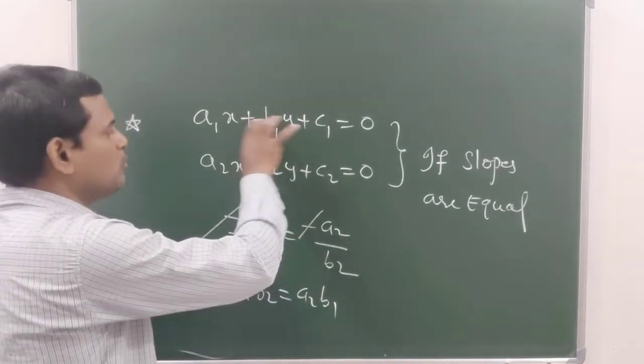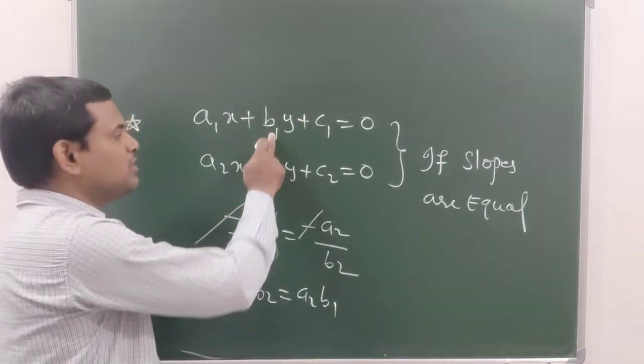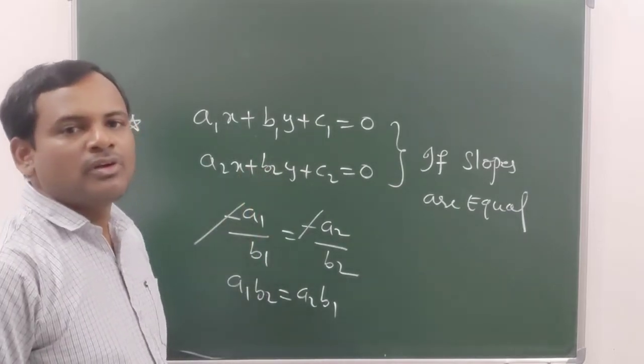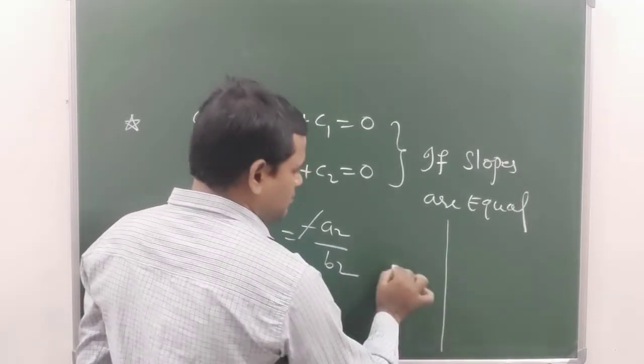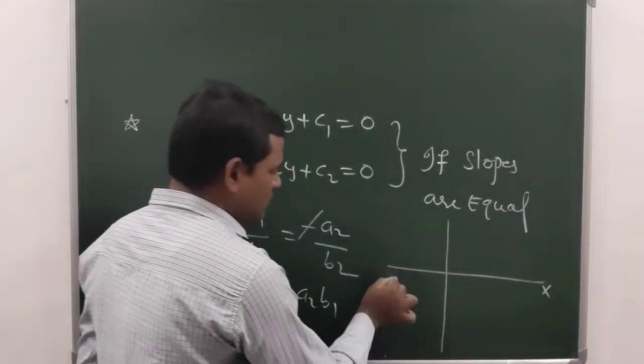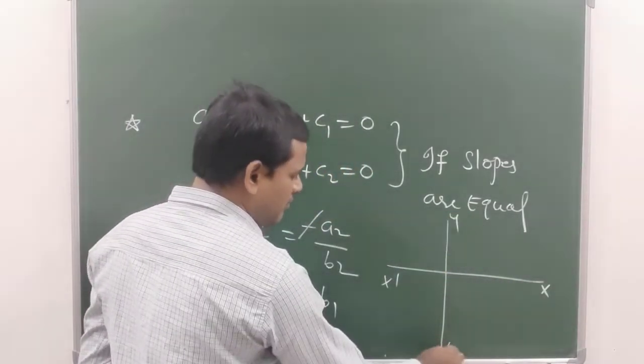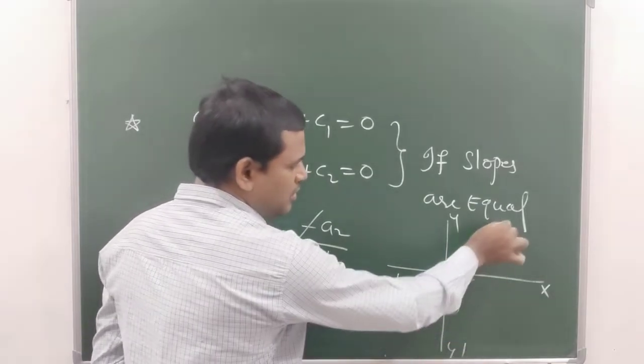Actually, when do we get whose slopes are equal? Whenever these two lines are parallel. See, observe here, x dash, y dash.